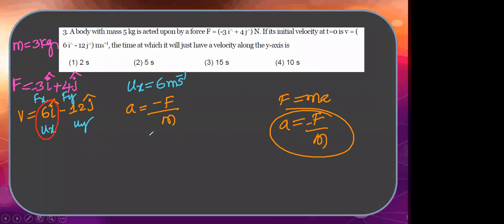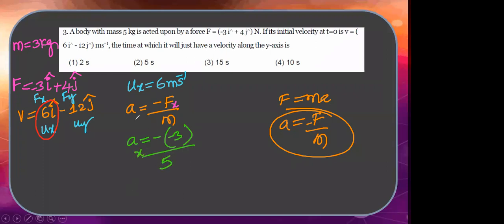Along the x-axis, Fx is minus 3. We are taking the magnitude only. So a is equal to minus of minus 3 divided by the mass, 5 kg.